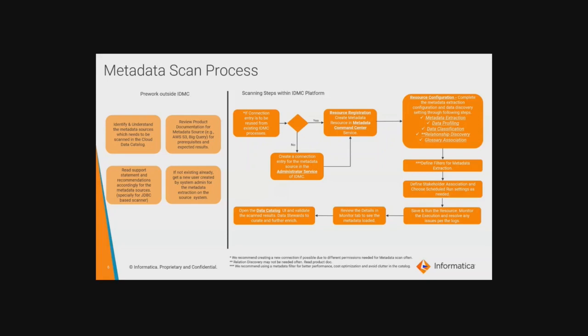Glossary association is also very important, I would say. If you have got your glossaries created, like business terms or metrics, then you can select the glossary association. What it does is find what technical metadata, like column names, can be attached to a specific business term.